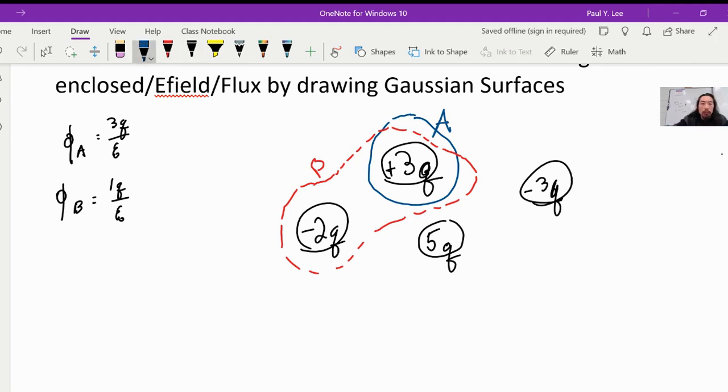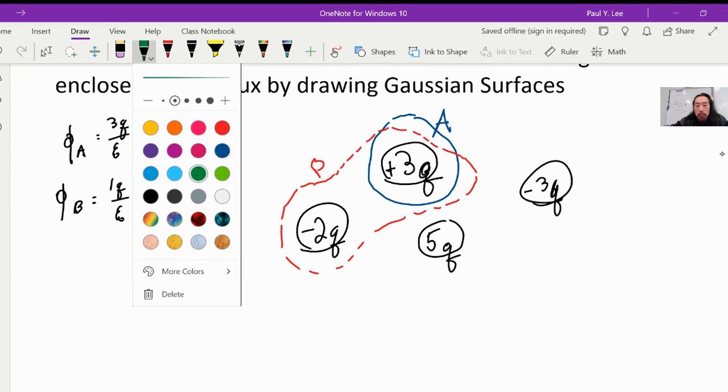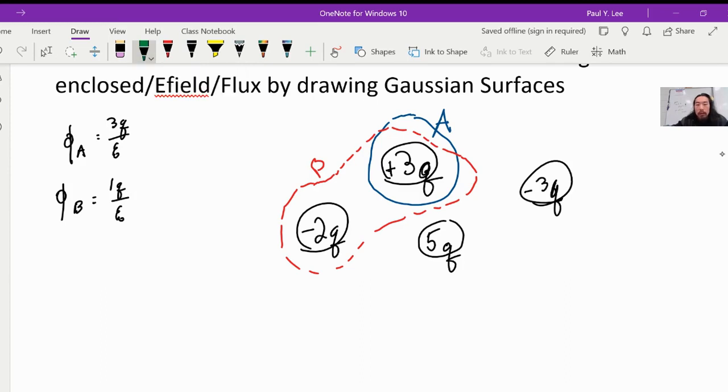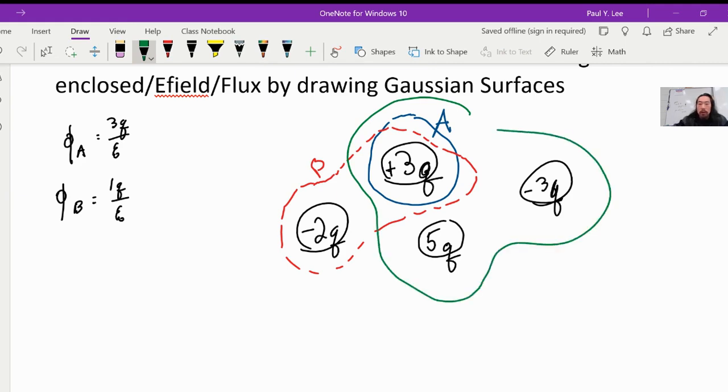Okay, and let's continue this train. Let's do this right here. We'll call this C. And if we have that as C, we have a positive 3Q, a negative 3Q, and a positive 5Q.